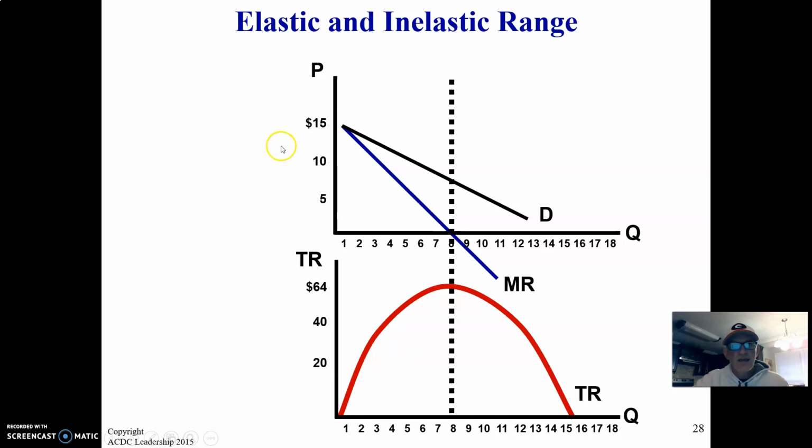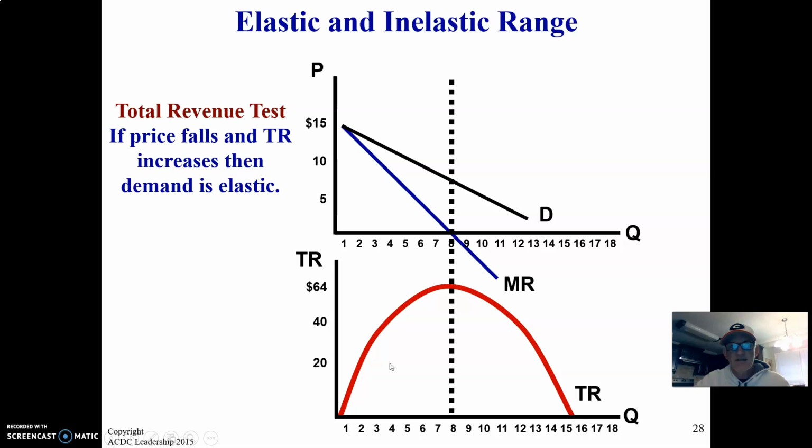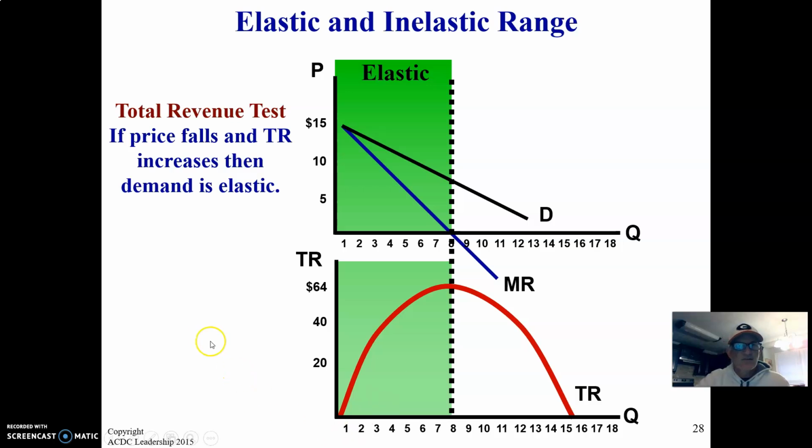We knew that in the range in which price is going down and total revenue is going up, so we're lowering the price and people are buying more, then that particular part of the demand curve is elastic. Okay, total revenue test. If price falls and total revenue increases, then the demand is elastic, right?